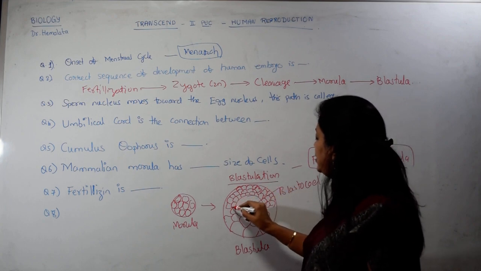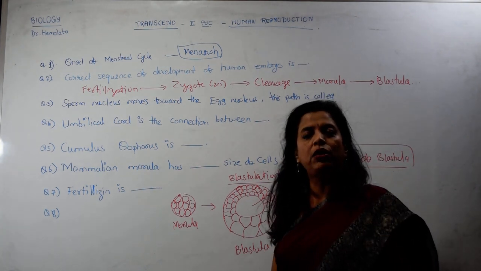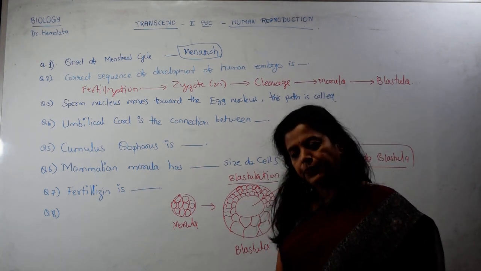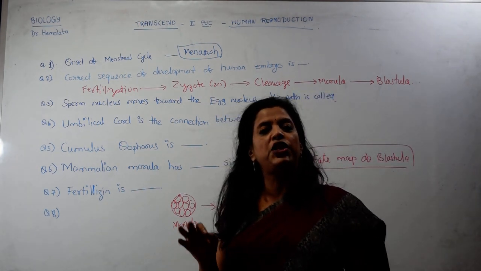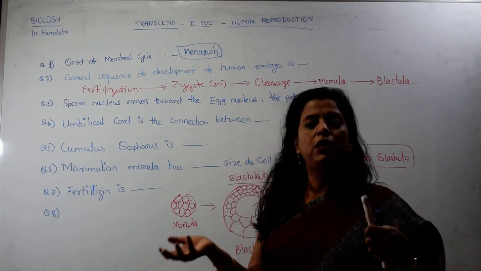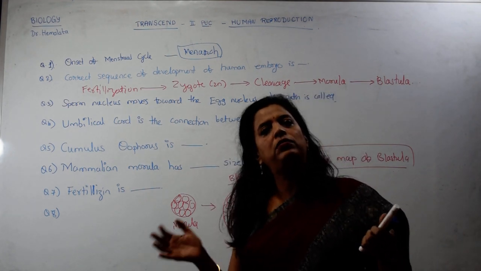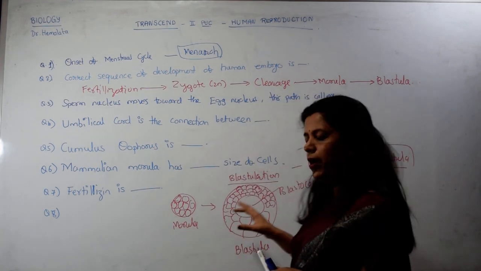So when you stain this blastula with differential staining techniques, there are different types of stainings. There is one technique where you do differential staining, which means they add different types of stains, like methylene blue, or some other, hematoxylin, all of them.